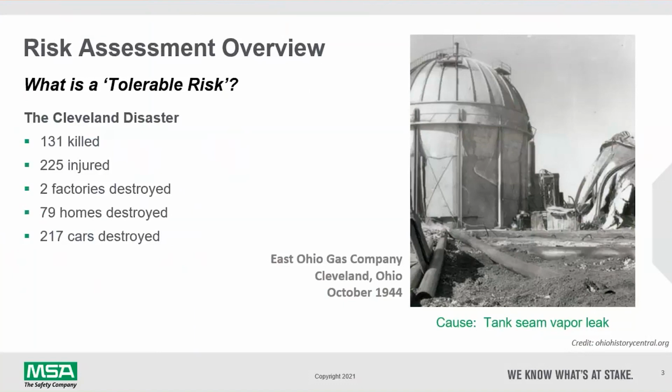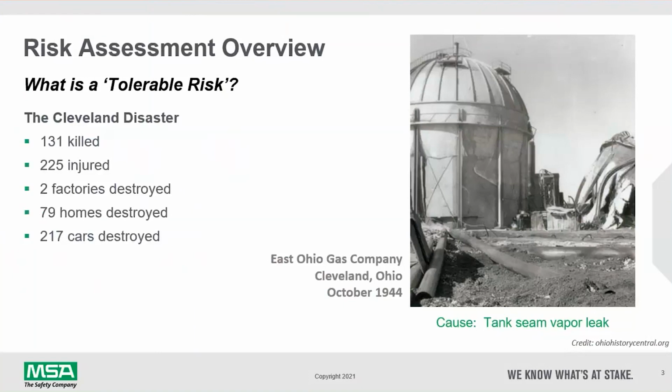So in regards to risk assessment, one question that could be asked is, what is a tolerable risk? And of course, we're going to be covering that in further detail in the presentation. However, for now, let's just take a look at what is not a tolerable risk.